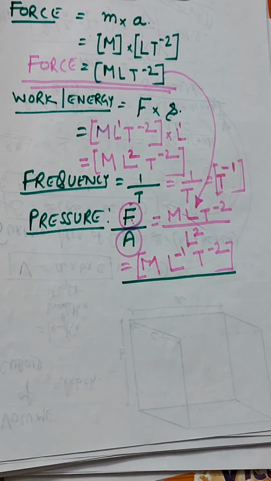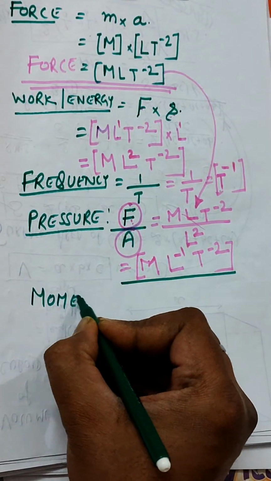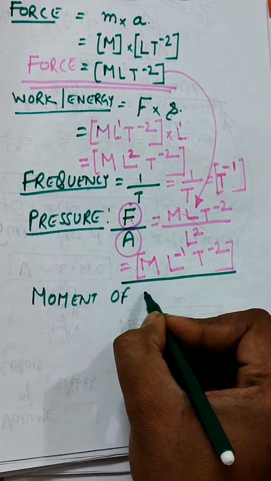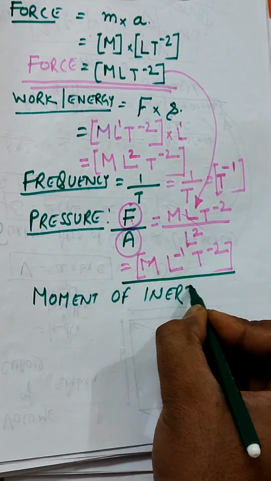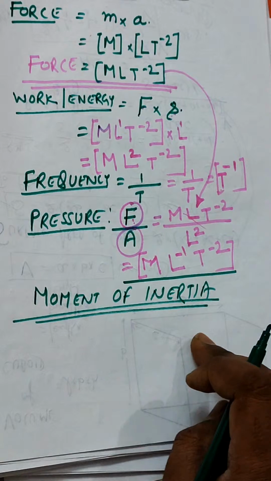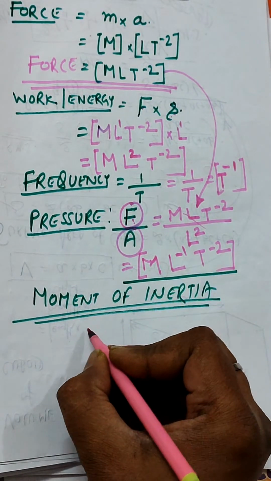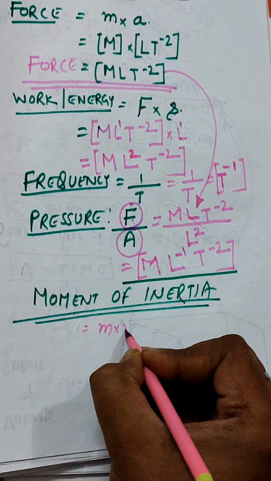Now we will see some examples of, let's say, moment of inertia. For moment of inertia, just remember the formula m into r square.